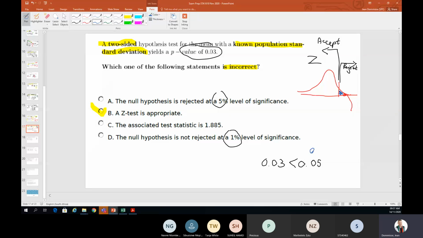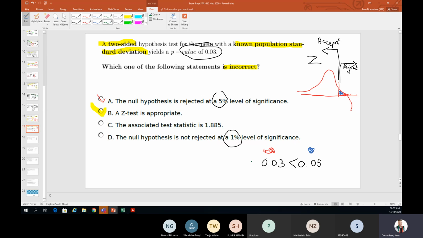Okay, so that is that. That is that. So 0,03 will be smaller than the 0,05. So we will reject the null hypothesis. Okay, correct.